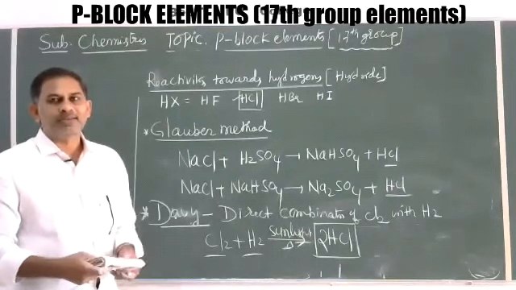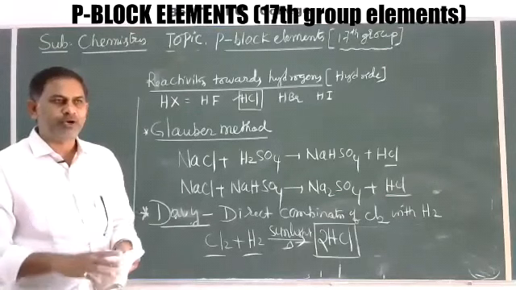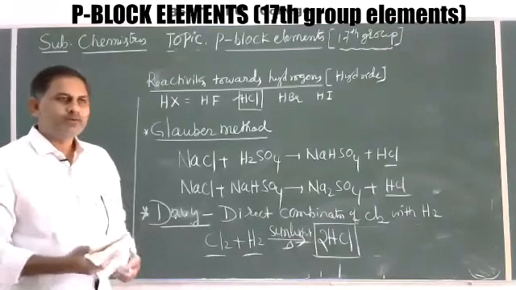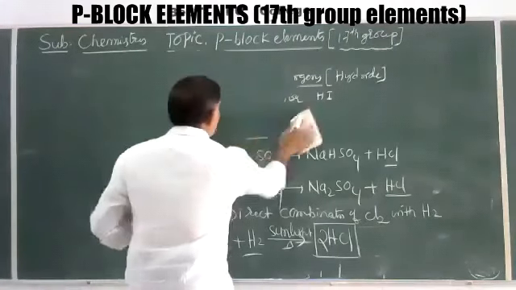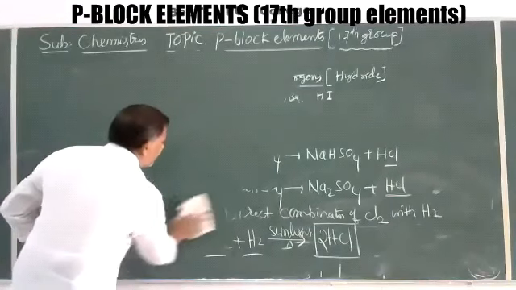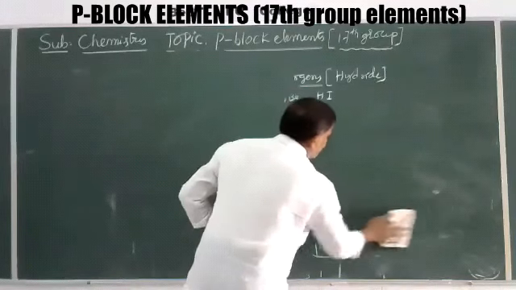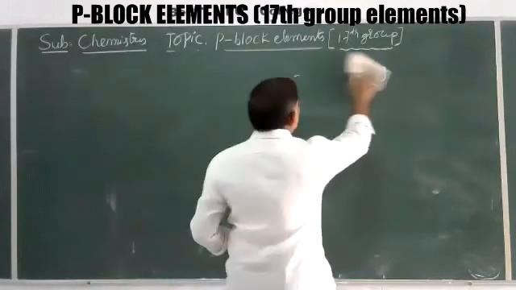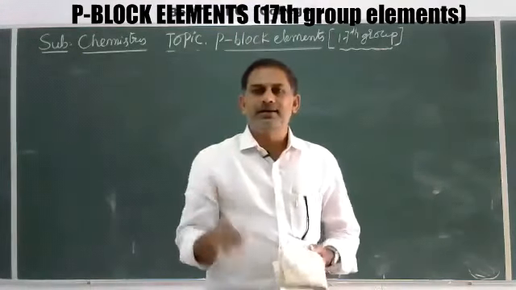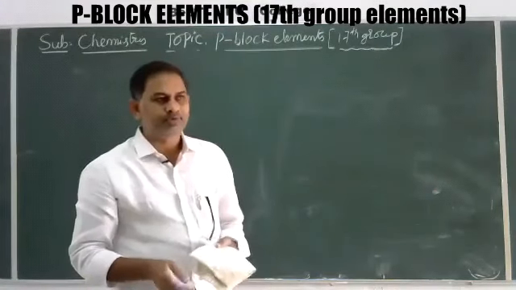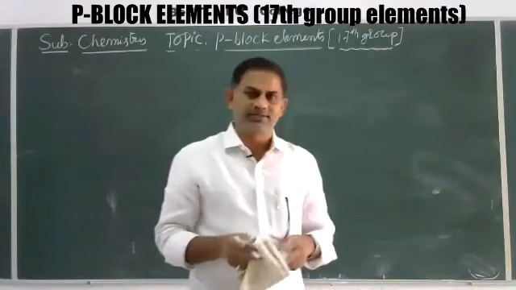Then a very important concept: oxo acids of halogens and interhalogen compounds. Two important topics are there. Maximum tomorrow I'll complete them, by Saturday. Compared to the first starting concepts of 17th group elements, these last two pages are very important.